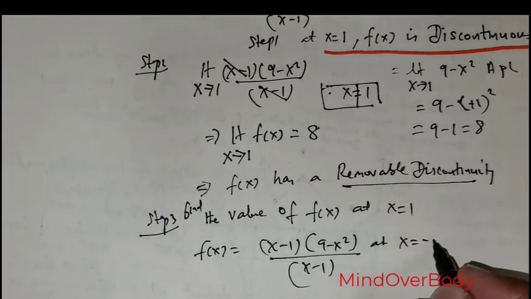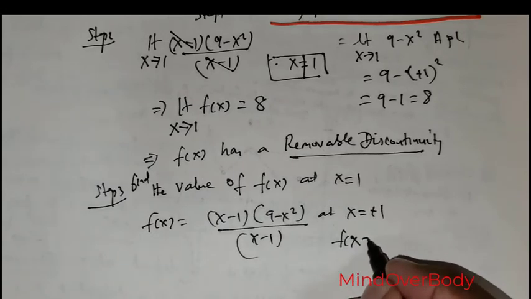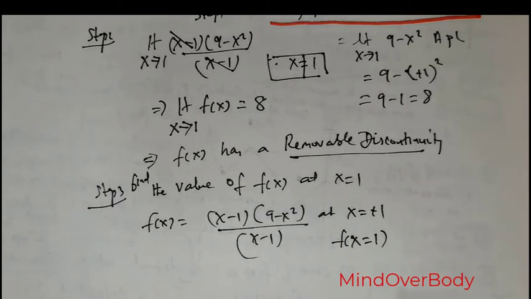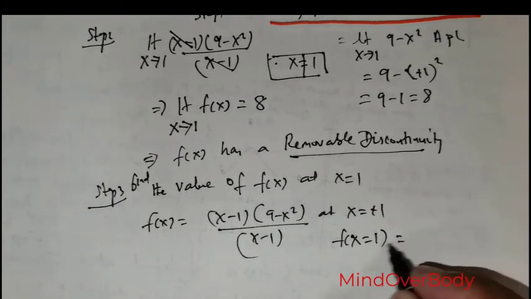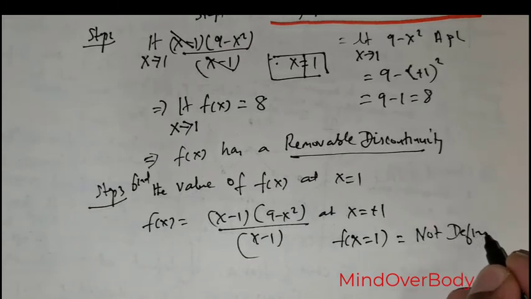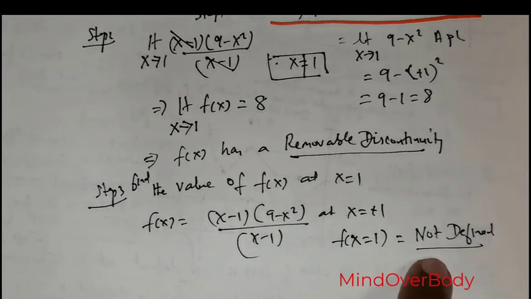So at x equal to 1, what happens to the function? f of 1 becomes undefined or ceases to exist. It doesn't have a value. So this is not defined. At x equal to 1, the function doesn't have a value.